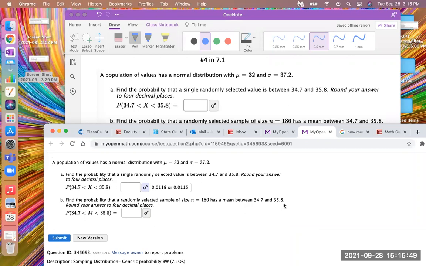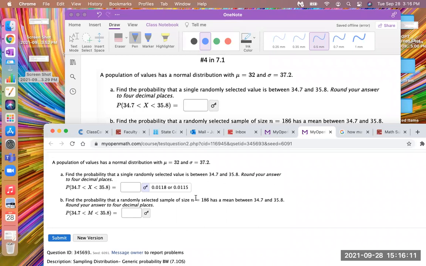Oh, it's the mean that is between. This one was just find the probability that a single randomly selected value is between 34.7 and 35.8.